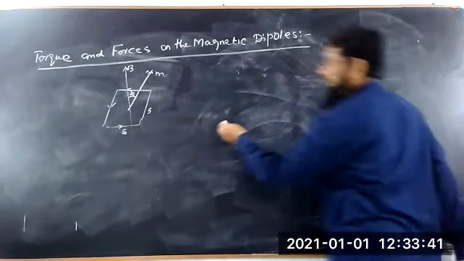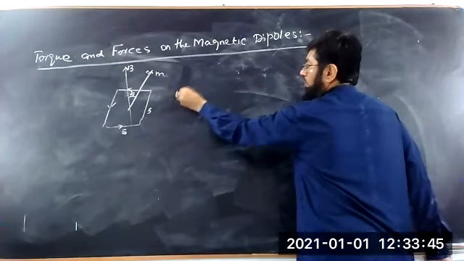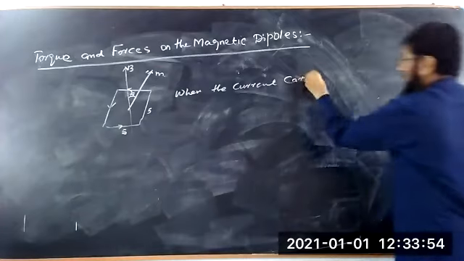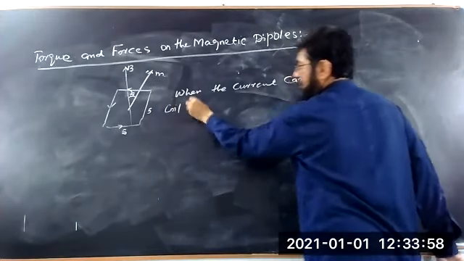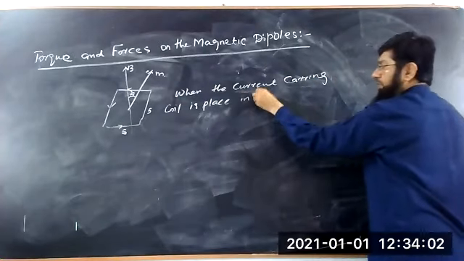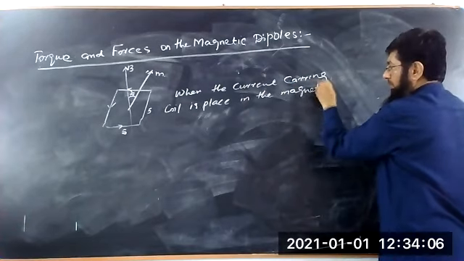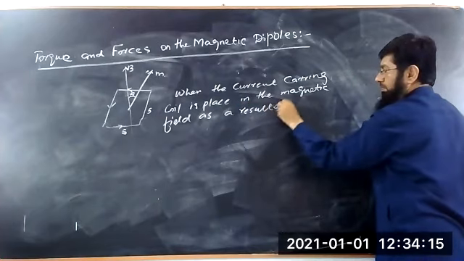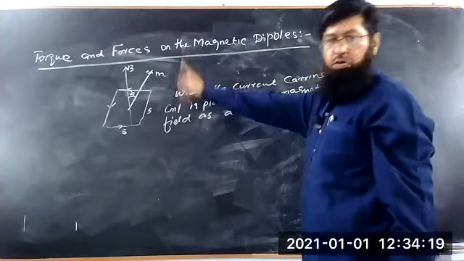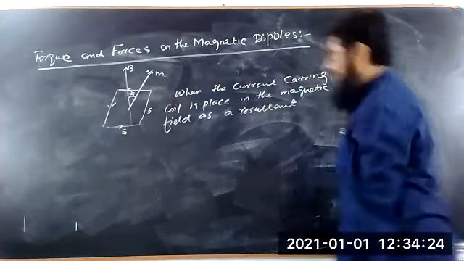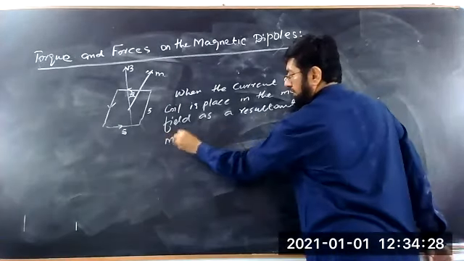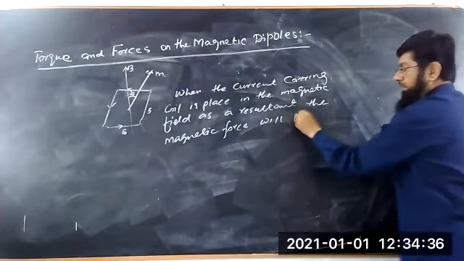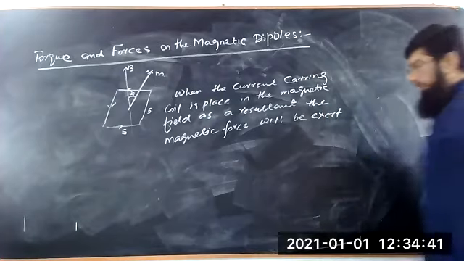The magnetic force on each segment of the wire, or each segment of the loop, when the current carrying coil is placed in the magnetic field: as a result, the magnetic force will be exerted on each side of the wire.